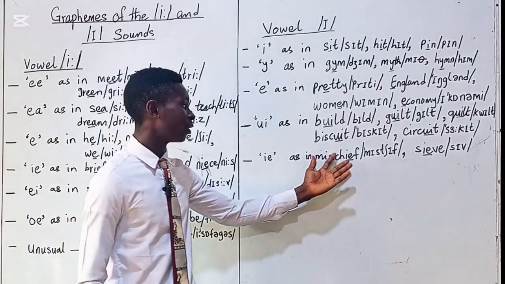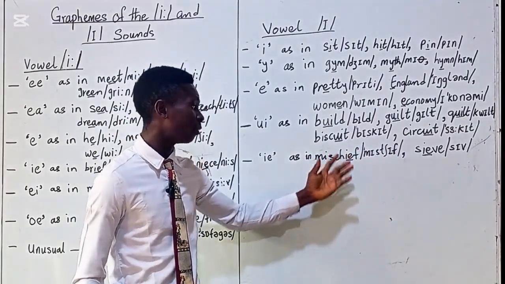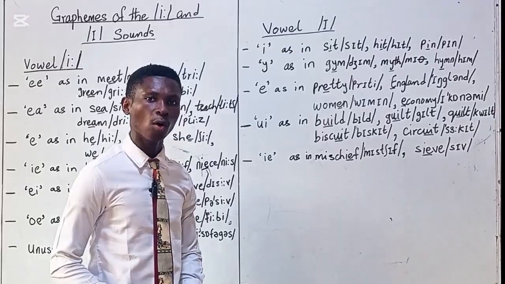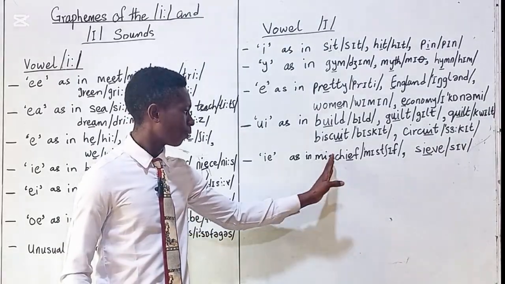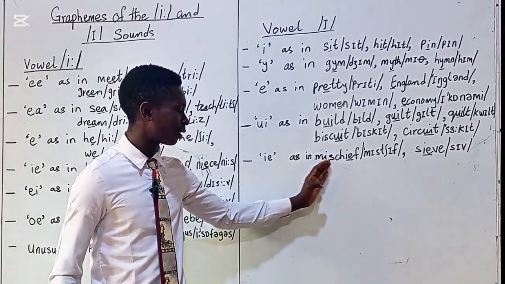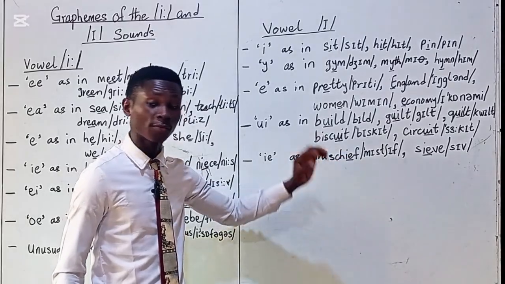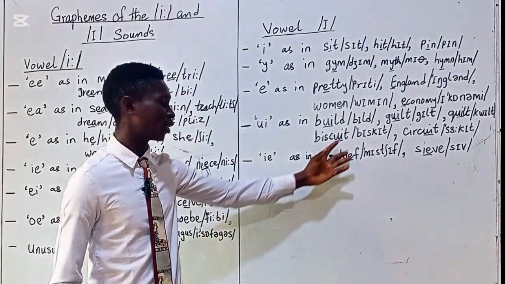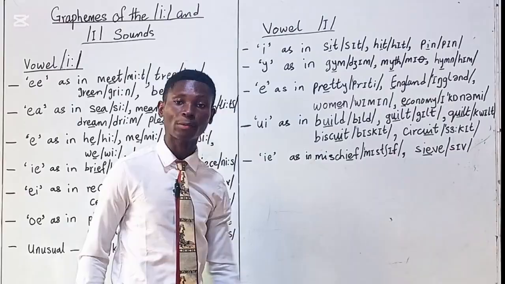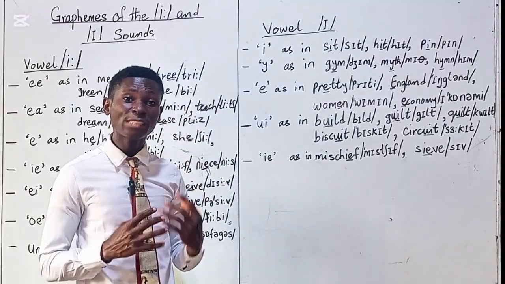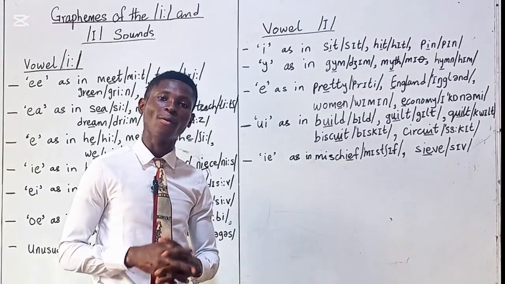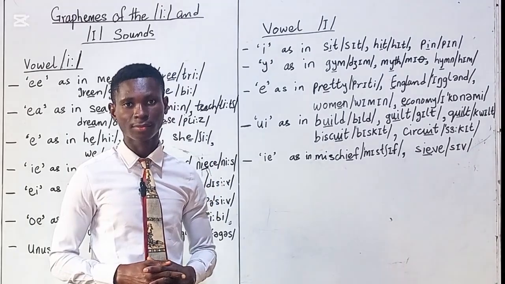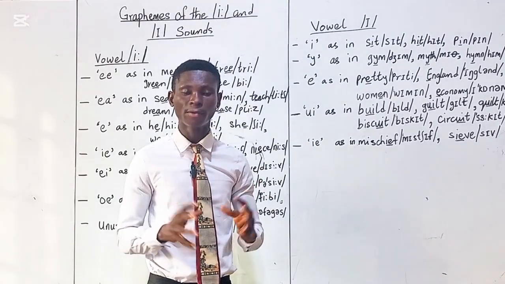For instance, in mischief we have the short sound, but in chief, we delete this prefix, chief, we have the E sound. But in mischief, we have the short sound. So always make your dictionary your final point of reference. Don't assume sound.